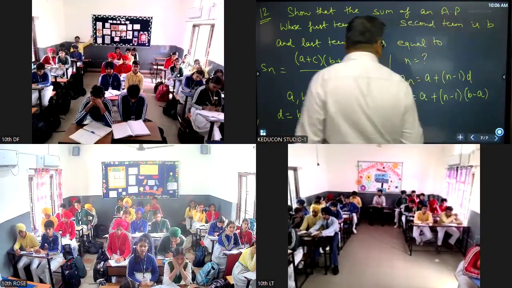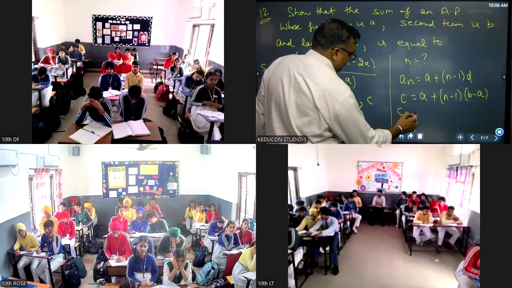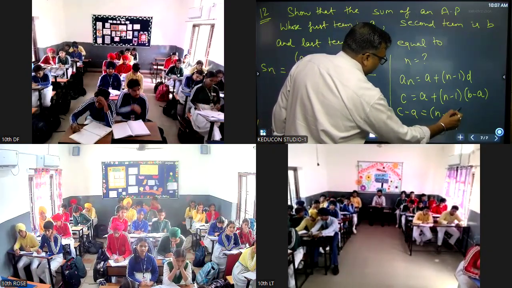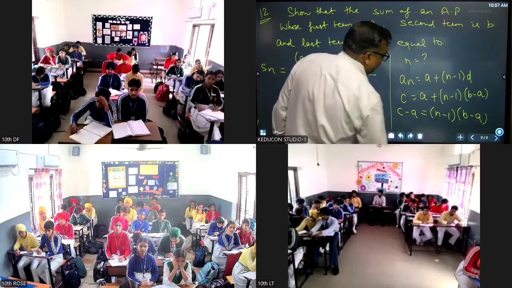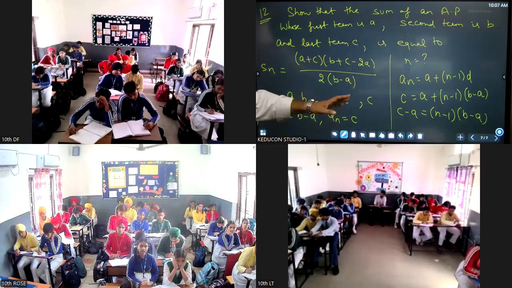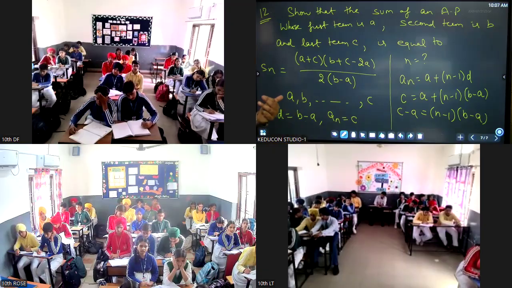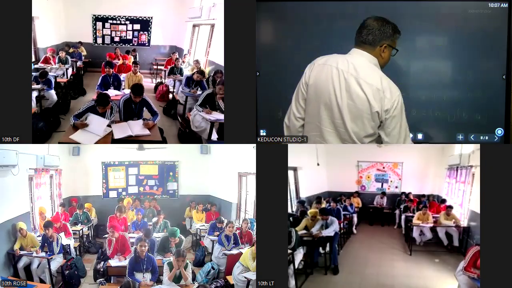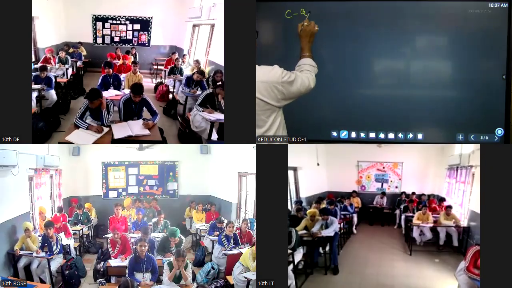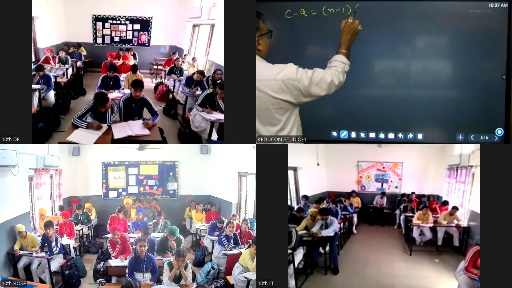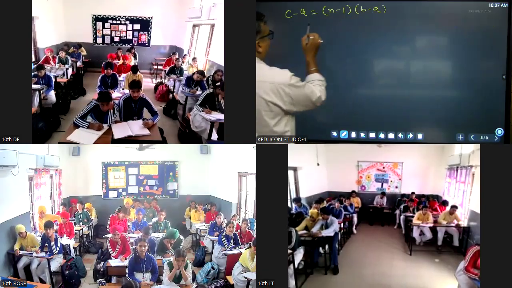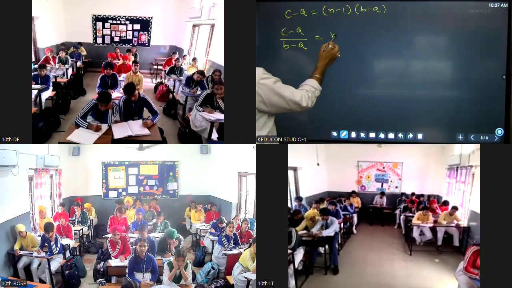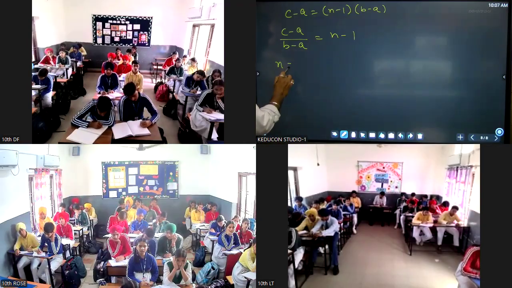Solve this. How to solve this, students? Look. This becomes C minus A equal to n minus 1 into B minus A. Everything is in the form of variables, so it may appear to be difficult, but if you proceed systematically, the question will be done. So after that, how to find out the value of n? Look, students, C minus A equal to, now take B minus A in the denominator, means n minus 1. So what is the value of n?